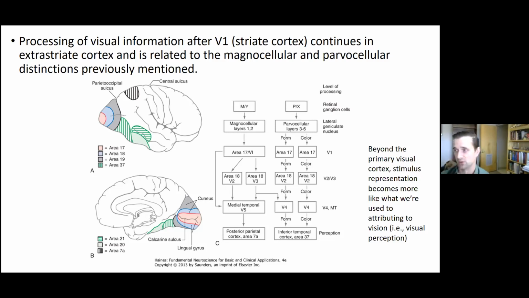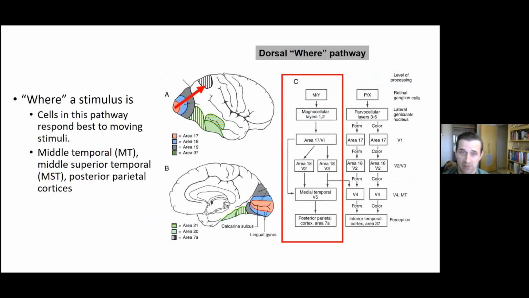All right, so this looks a little complicated, but we're going to break it down into components. So where is a stimulus coming from? This is more so the dorsal pathway, or the more superior pathway. And cells in this pathway respond best to moving stimuli.